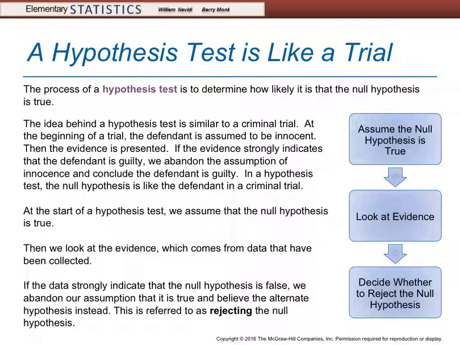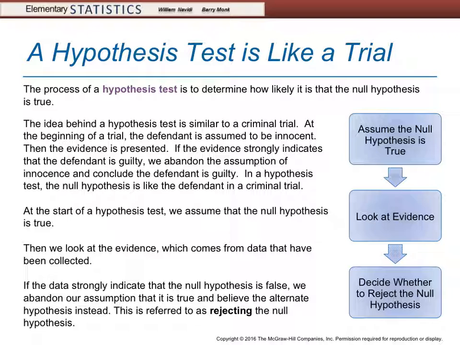So at the start of the hypothesis test, we assume that the null hypothesis is true. Then we look at the evidence which comes in from the data that has been collected. If the data strongly indicates, that's a very important word, strongly indicates that the null hypothesis is false, we abandon our assumption that it is true and believe the alternative hypothesis instead.